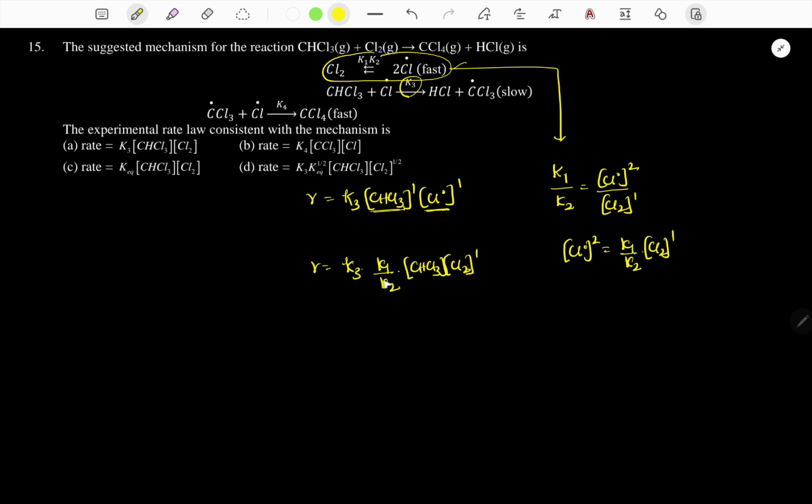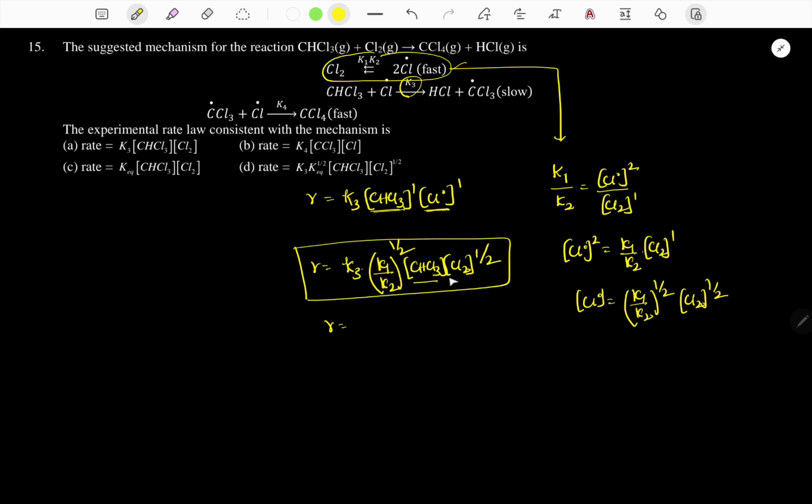So K1 by K2 means the equilibrium constant. Therefore rate is equal to, here we have to take Cl radical equal to K1 by K2 to the power 1 by 2, Cl2 to the power 1 by 2. So this is our final rate law.